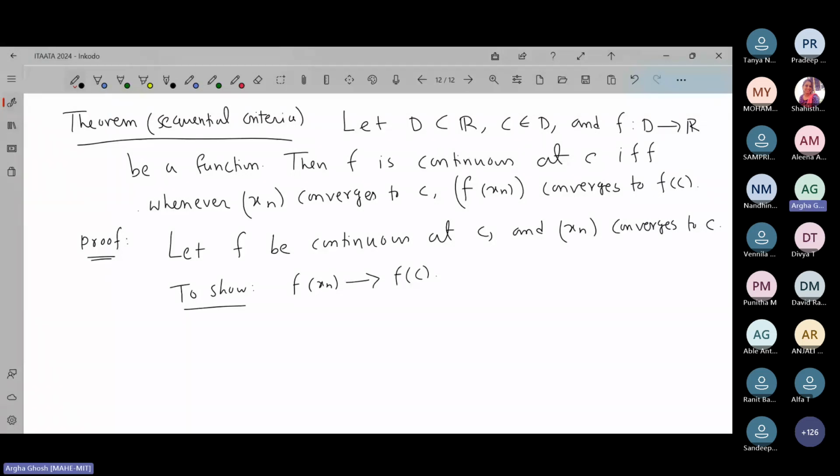Let epsilon greater than 0 be given. So we have a pre-assigned positive epsilon.